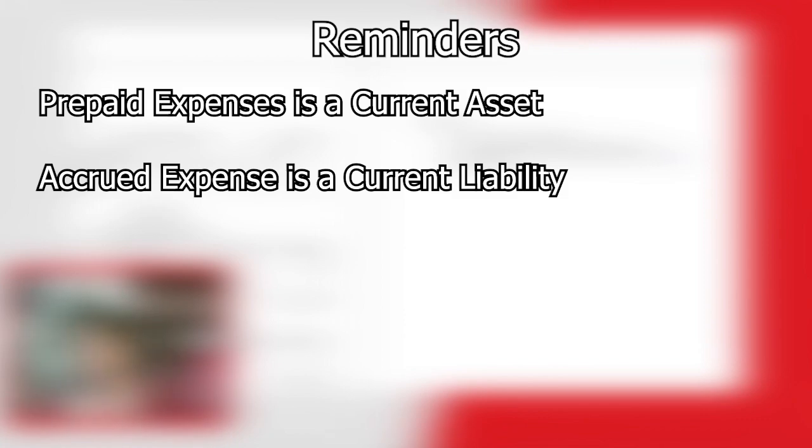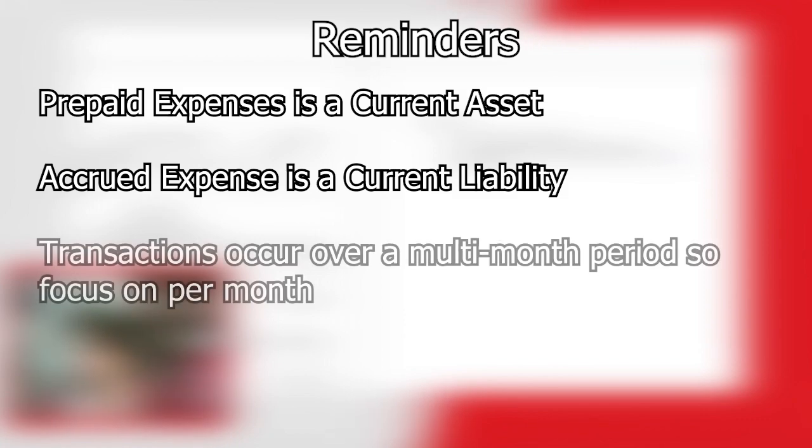These occur over multi-month periods. You will be required to get a per month. So you need to read the question closely. Like making sure we understand what is the question actually asking and then be able to calculate from there. If you can get something down to a per month basis, I think you're in a better spot.